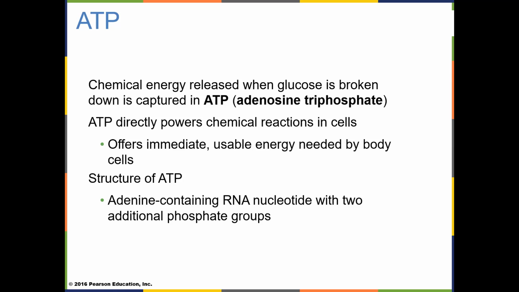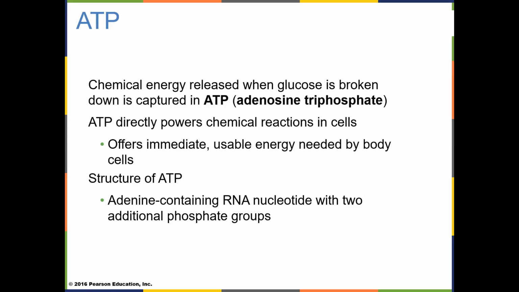This is what we use to transfer energy around our bodies. The energy that we get in our bodies comes from glucose. We oxidize glucose in our cells, and when you oxidize something, you release energy, you release electrons. So we're releasing energy from glucose.